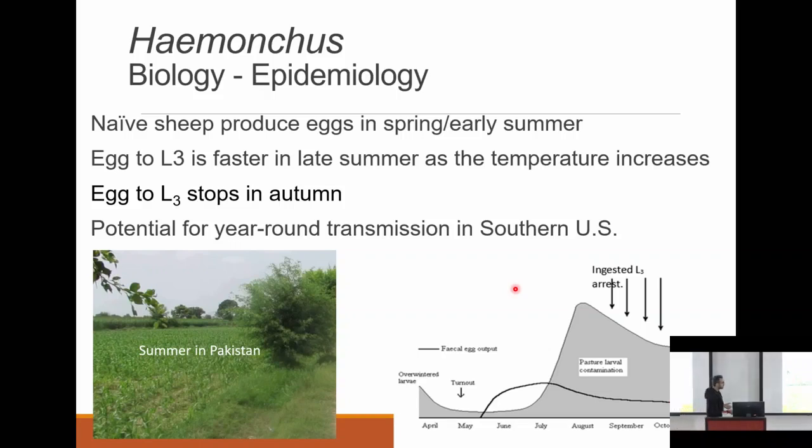So this L3 stage larvae is at the peak somewhere here, and then starts dipping down and stops in the autumn because the temperature changes. This parasite is a tropical parasite. They need that summer rainy season to convert into L3 stage larvae. However, as I said, this parasite is very, very clever without a brain.